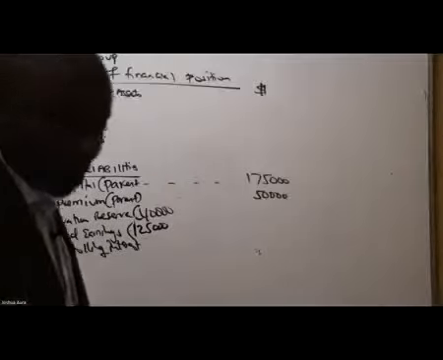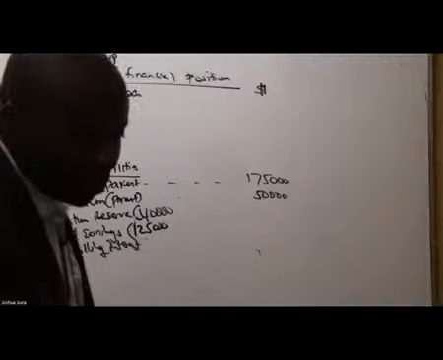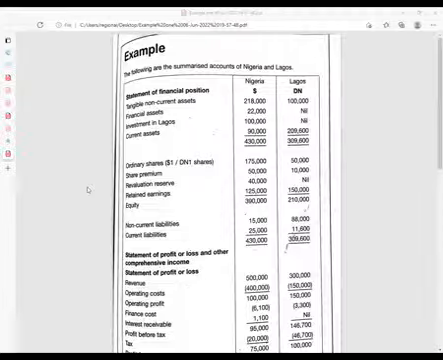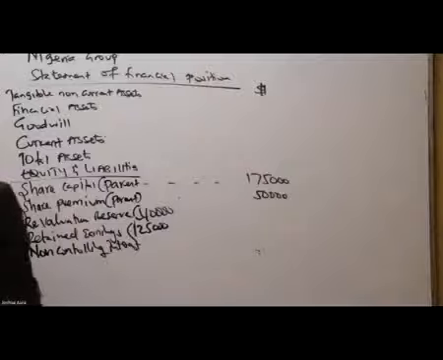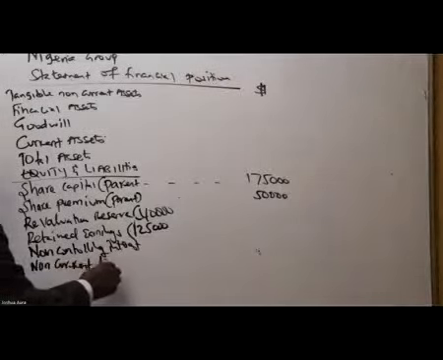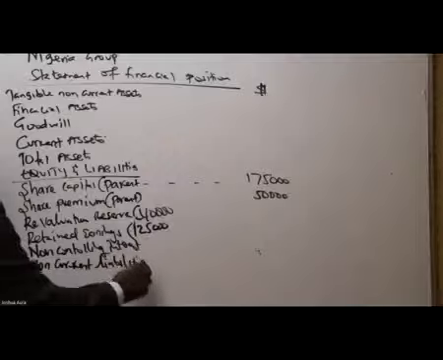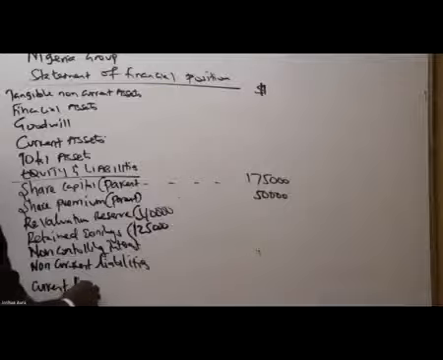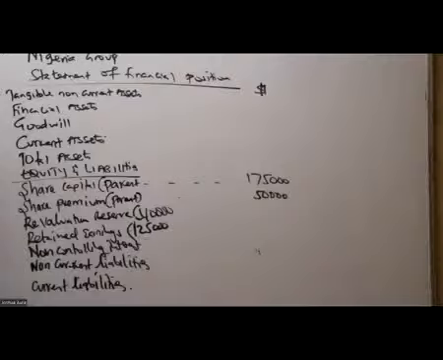So on liabilities, what we have are non-current liabilities, and then we have current liabilities. Later on, I'll be bringing in the concept of a foreign exchange reserve, but let's do without it for now.